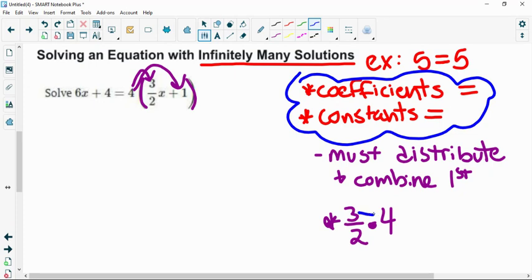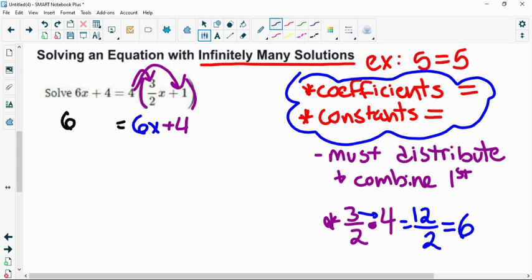I know 3 times 4 would give me 12 over 2. 12 over 2 is 6. So I wind up with 6x. And then 4 times positive 1 is positive 4. And let's look at the left side, which has not changed. I just had to bring those down.